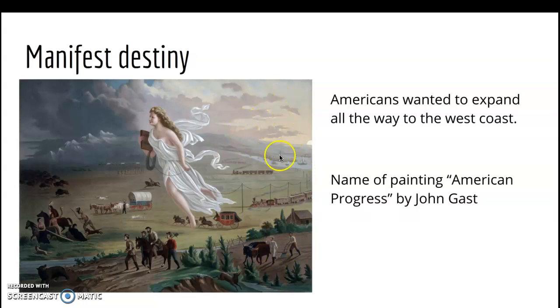On the light side, the bright side of the painting. On the dark side, we see the wilderness. We see animals. We see Native American Indians. So what this painting is really trying to portray is that the eastern part of the country needs to civilize the western part.